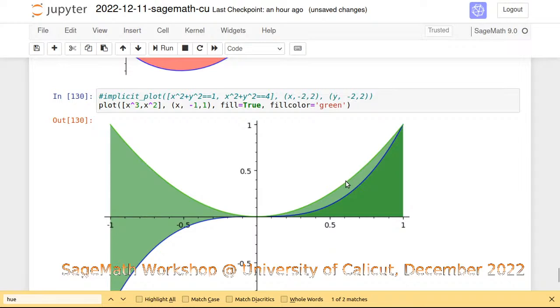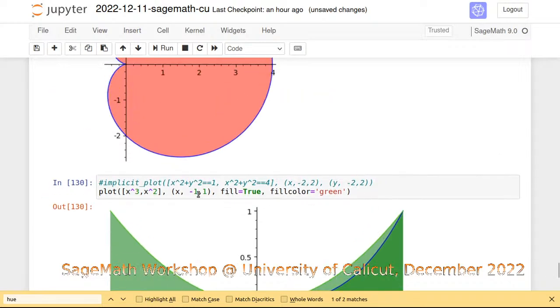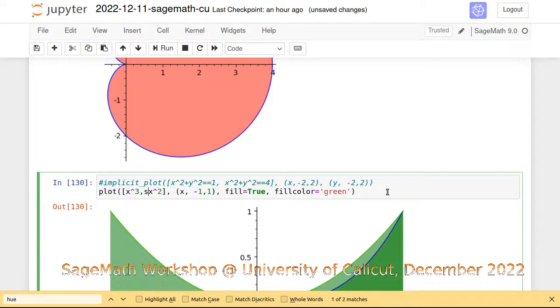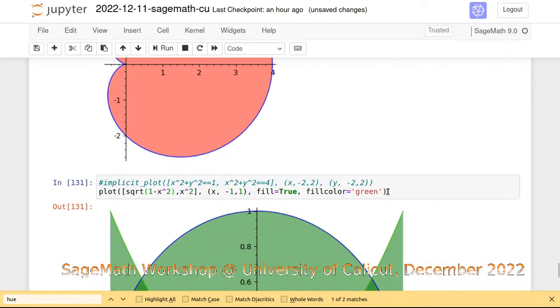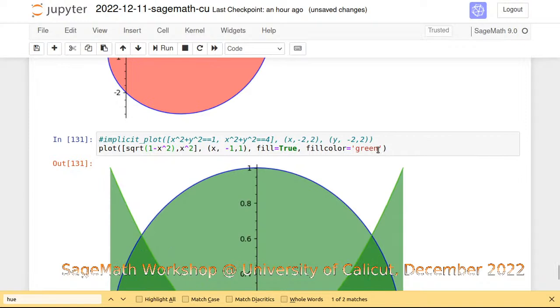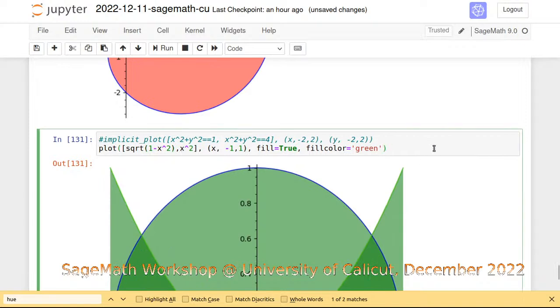X square is the parabola and x cube is the other one. Or otherwise I will simply take square root of x square and square root of 1 minus x square. Now my intention is that I want to fill from 1 minus x square up to x square, right? That's what I want.